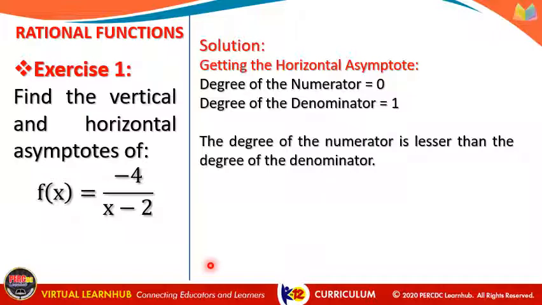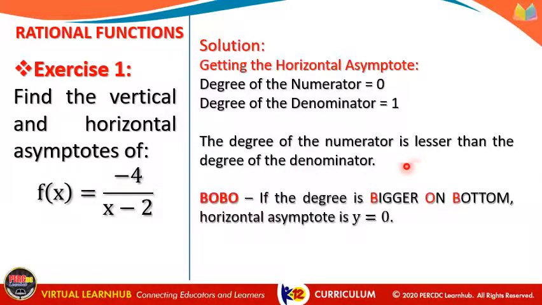Alin ngayon sa tatlo ang gagamitin natin? Yung BOBO. Since the exponent is bigger on bottom, the horizontal asymptote is 0. So therefore, the horizontal asymptote of this one is y equals 0.